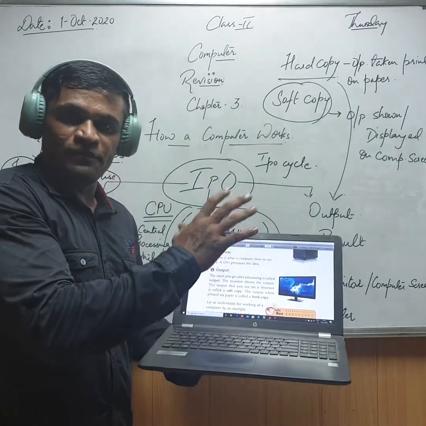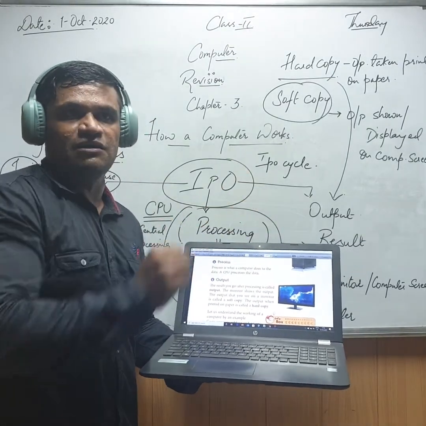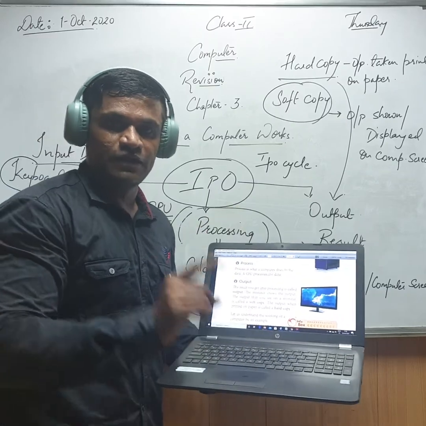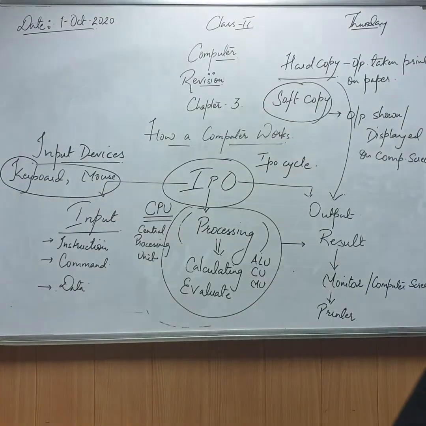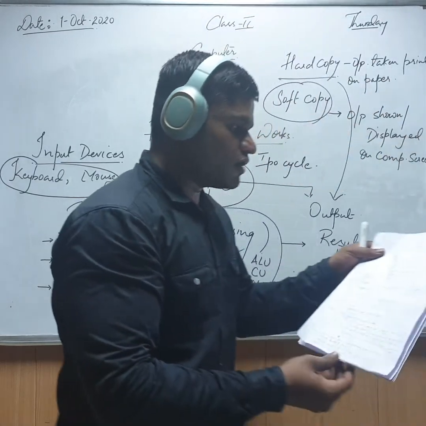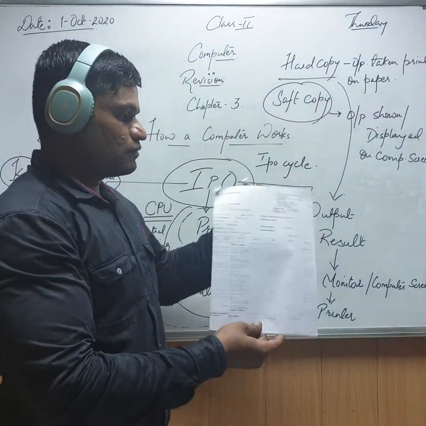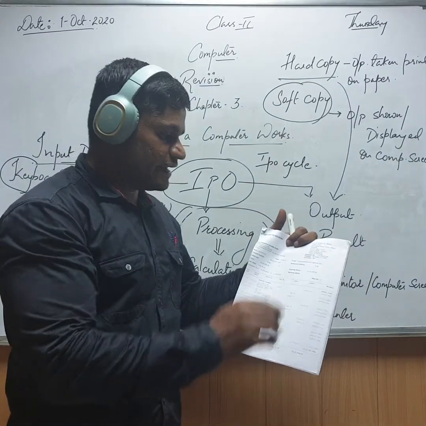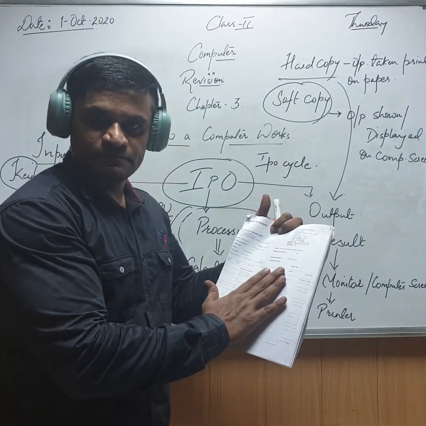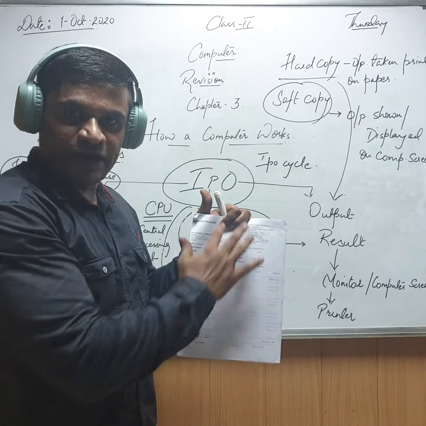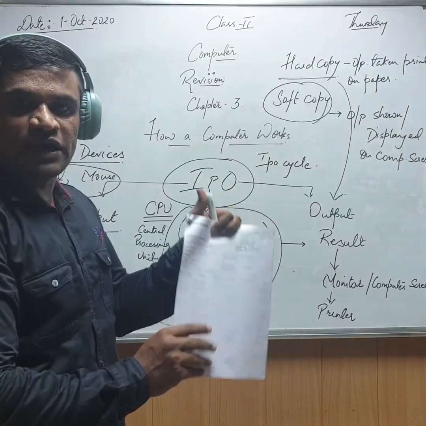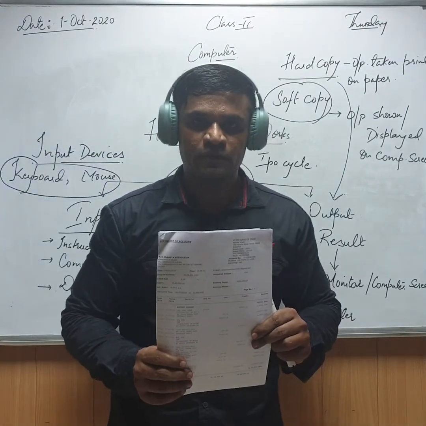This is the soft copy which is saved inside the computer or in the computer's memory. And if I take out a printout of the content on paper, it's printed on a paper, this is known as hard copy.